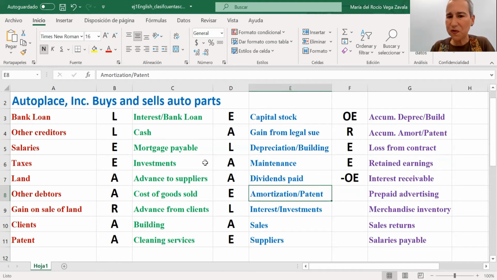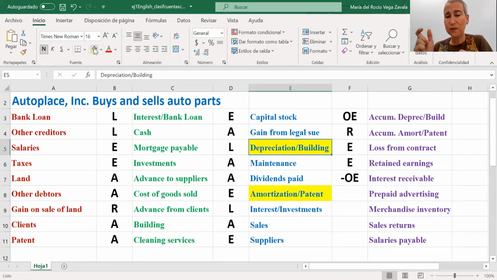What about amortization? Let me paint it in another color. It is exactly the same example that I gave you before. I will paint it in yellow. This depreciation, I told you, was the part of the building that has been already used.